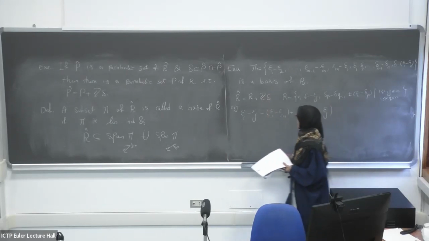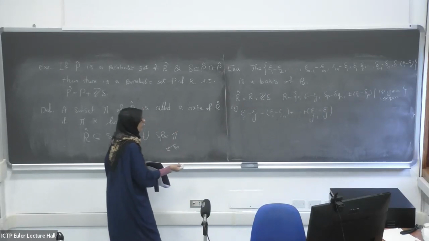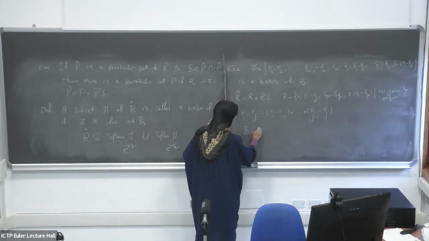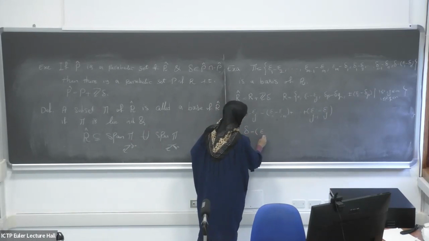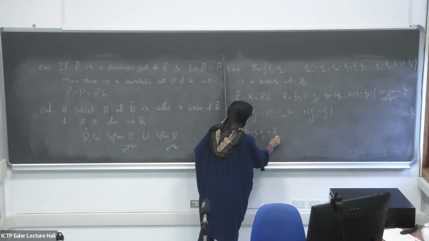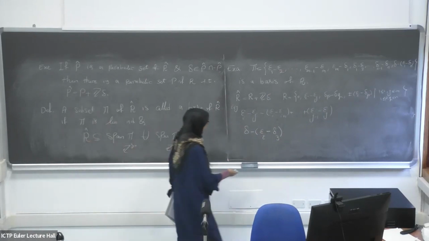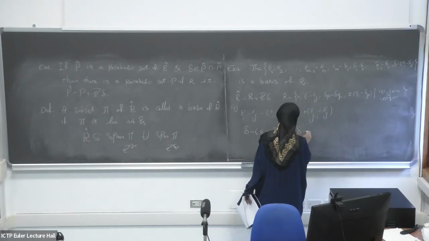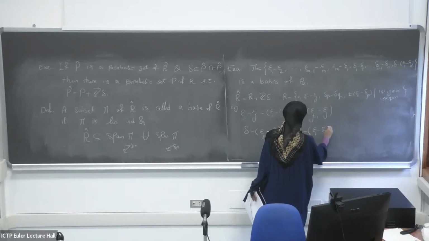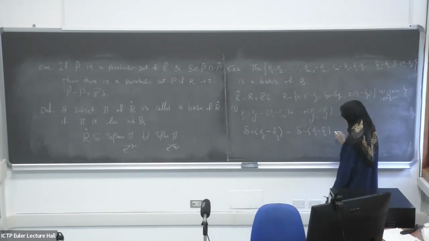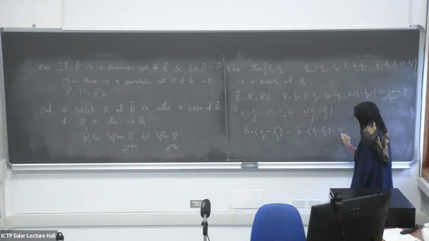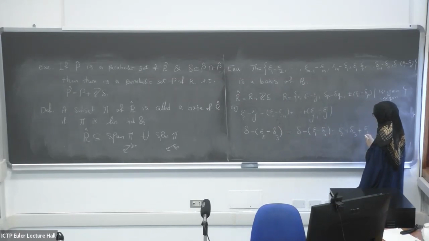You can check, for example, if we have delta minus epsilon 2 plus delta 3 minus delta 3, for example, if we have something like this, what we can write is this: delta minus epsilon 1 minus delta n, and minus epsilon 2 plus delta 3 plus epsilon 1 minus delta n.